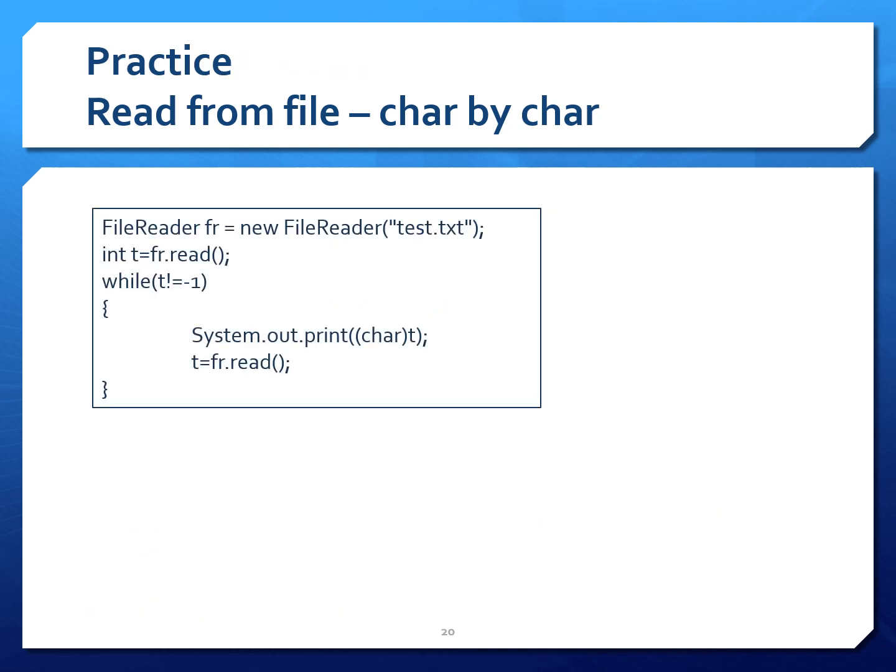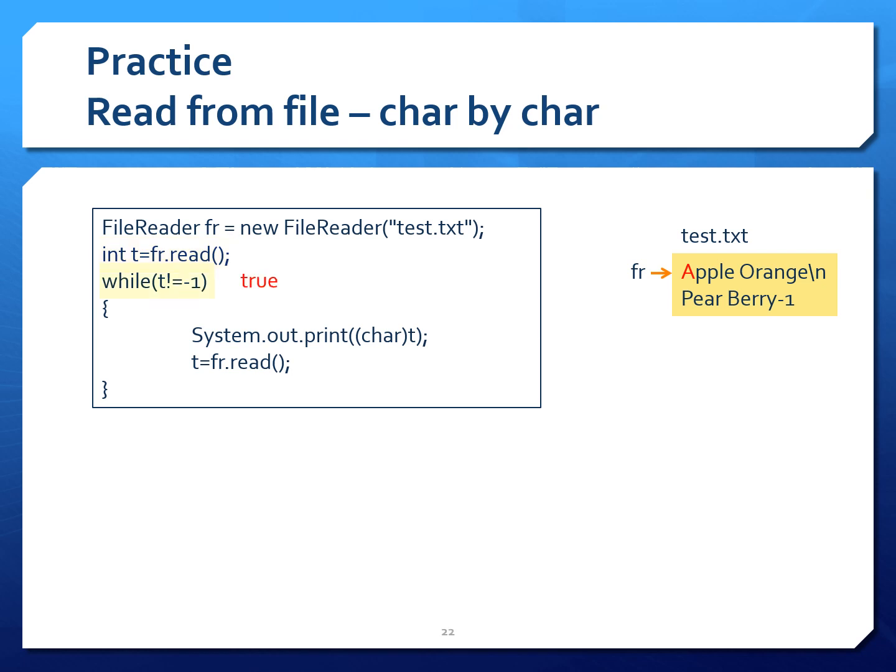First, create a new FileReader object. FileReader will open a file with the given name, in this case test.txt. Then, use the FileReader object to read in the first character Unicode. In this case, it reads in the letter uppercase A, which is in Unicode of 65.